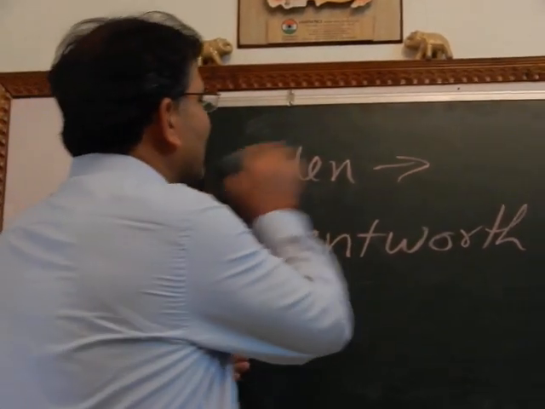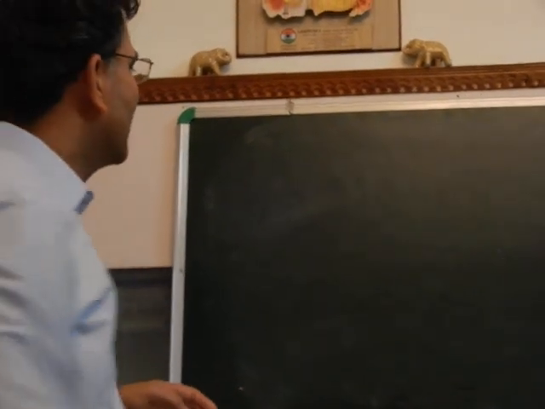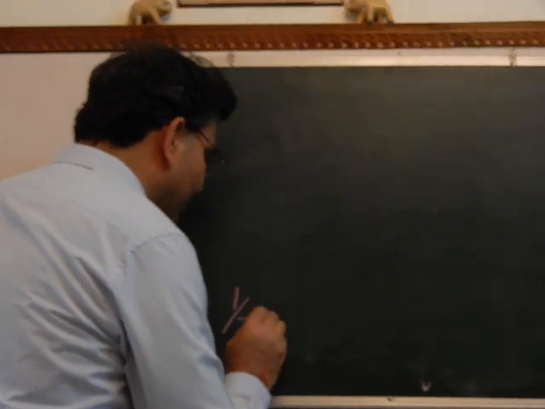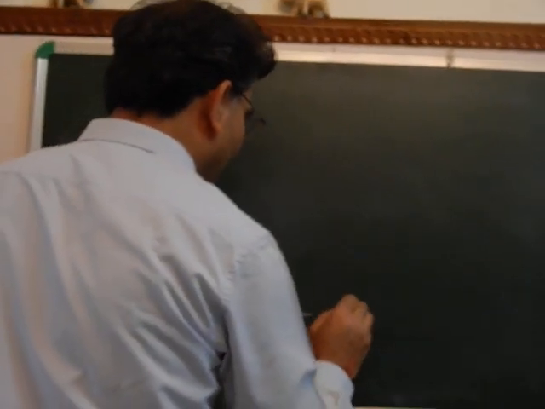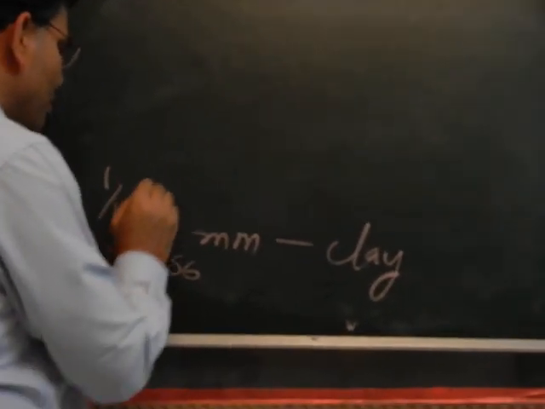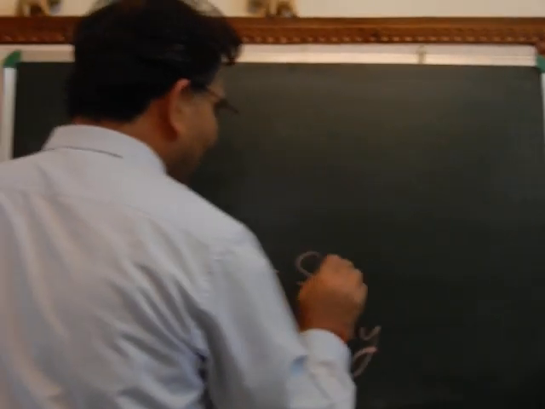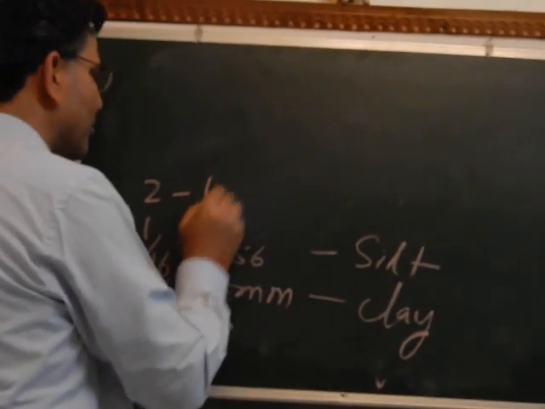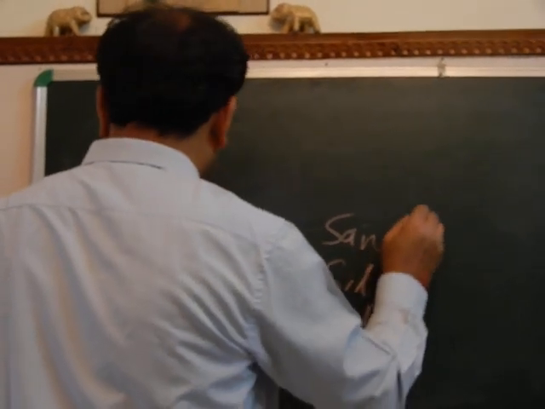In the Udden-Wentworth scale, this is a millimeter scale. Less than 1/256 millimeter in diameter is the size of clay. 1/16 to 1/256 millimeter in diameter is the size of silt. 1/16 to 2 millimeter in diameter is the size of sand.